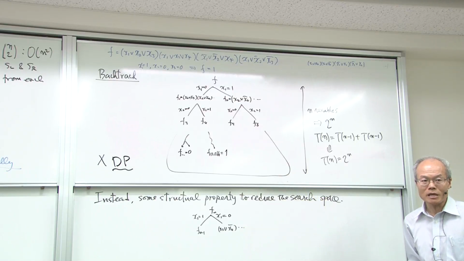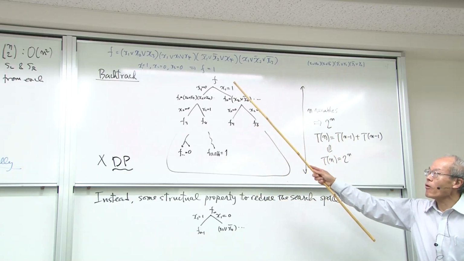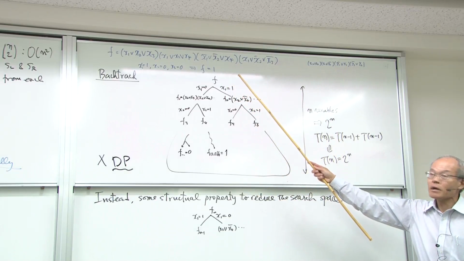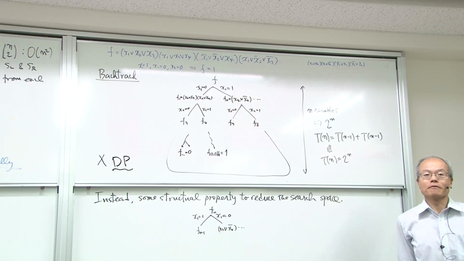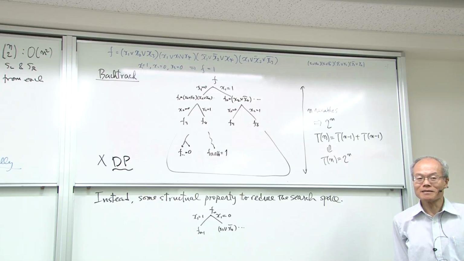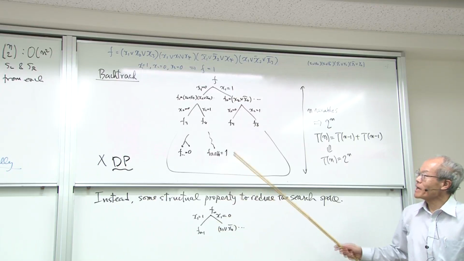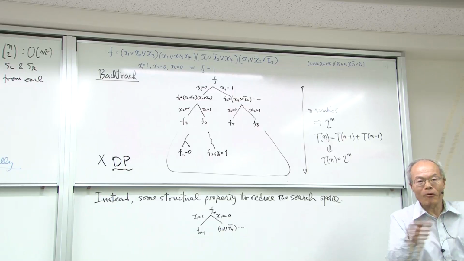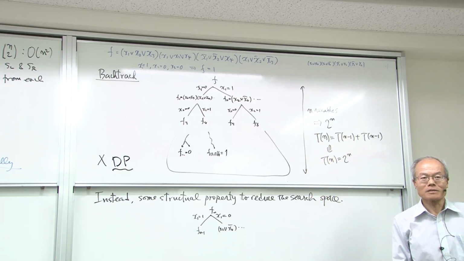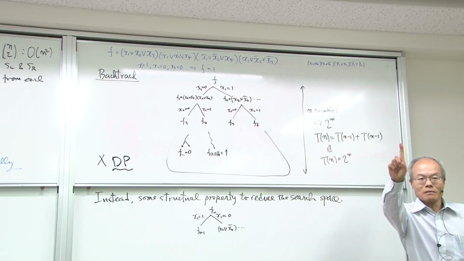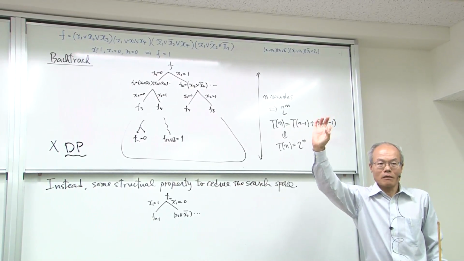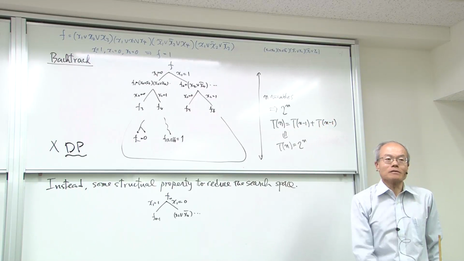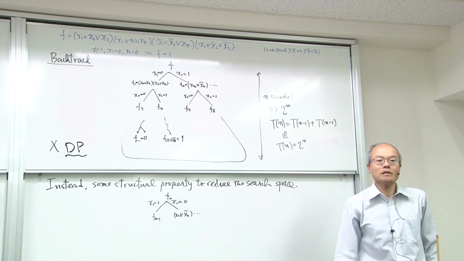So suppose that all x1 appear negative. In that case, of course, we assign x1 to 0. That is very good, and it doesn't lose any generality.